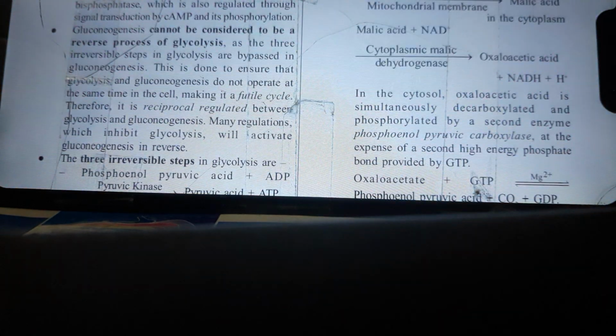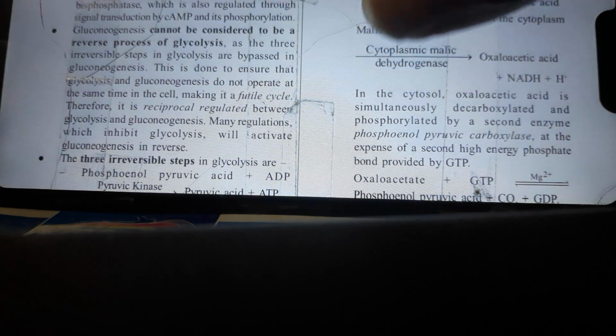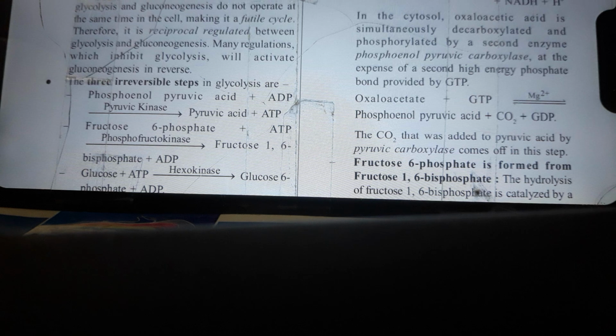Oxaloacetic acid plus NADH plus H plus in the presence of mitochondrial malic dehydrogenase gives malic acid plus NAD plus. Mitochondrial malic acid, through diffusion across the mitochondrial membrane, gives malic acid in the cytoplasm. Malic acid plus NAD plus in the presence of cytoplasmic malic dehydrogenase gives oxaloacetic acid plus NADH and hydrogen.